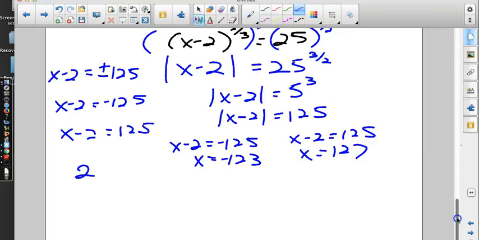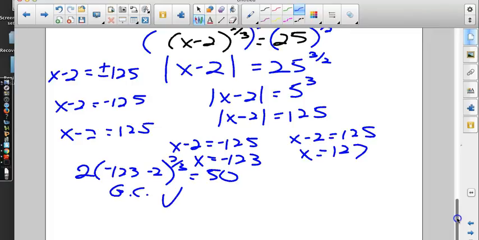2 times we need, write it down, we need the square root, 2 times negative 123 minus 2 to the 2/3 equals 50. And you could just grab your graphing calculator and make sure this comes out to 50 and put GC check on that one.